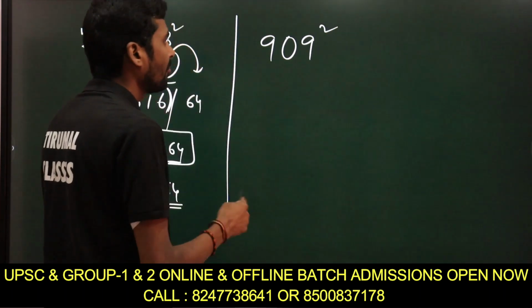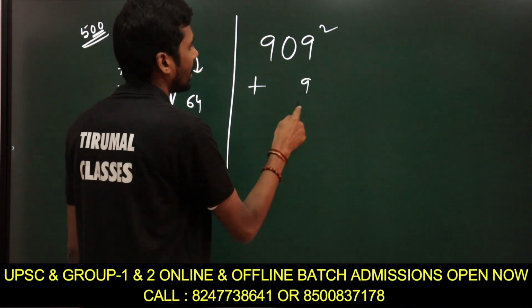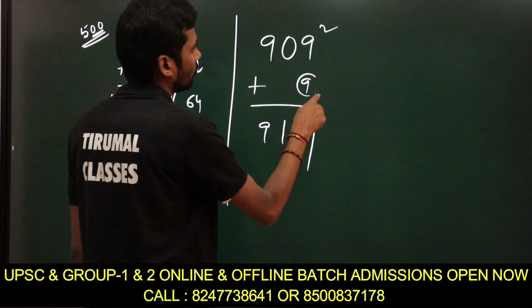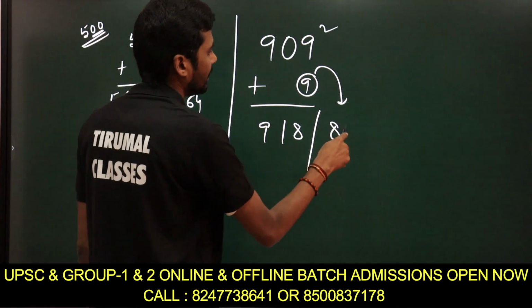909 square. How much is it more than 900? 9, which means 918. 9 square is 81.